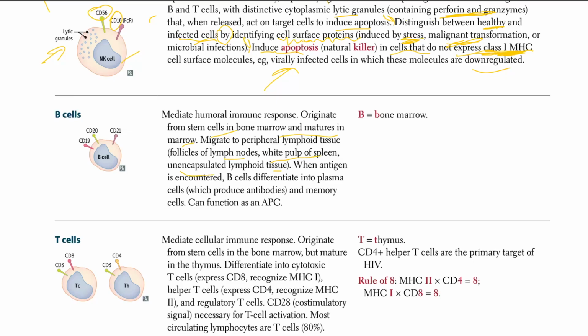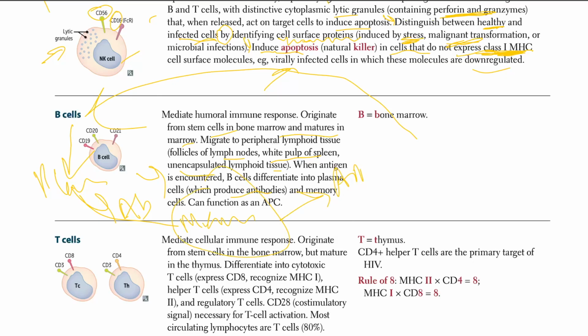When antigen is encountered, these cells will be converted into plasma cells, and those plasma cells produce antibodies, as we've discussed already. And not only antibodies, also the memory cells. So next time that bug comes in, the memory cells start producing the antibodies which were produced at the time of the first infection.